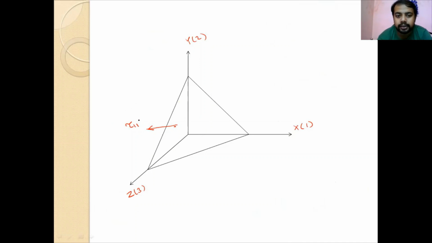What is the area? Tau 1 into S. Here, along the x-axis, the force is tau 2 1 into S. The stress into area, we are converting it into force.